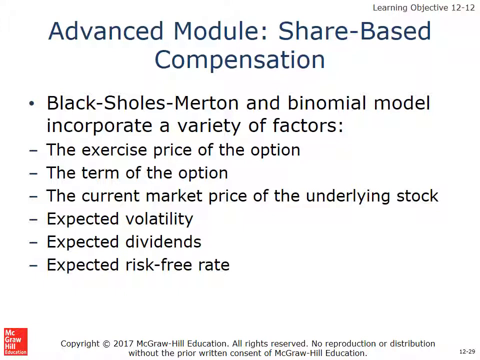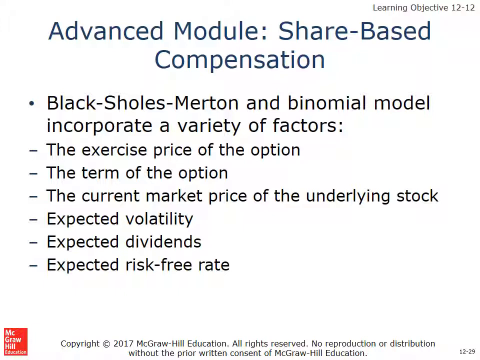When we are reporting this in accounting, though, and we're auditing share-based compensation, we have to be aware of how the salary expense is determined related to those stock options. So a lot of times companies use what's called the Black-Scholes-Merton and binomial model to determine the compensation expense that should be recorded. And involved in that are the exercise price of the option.